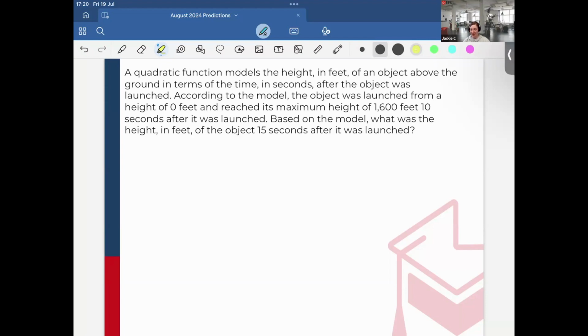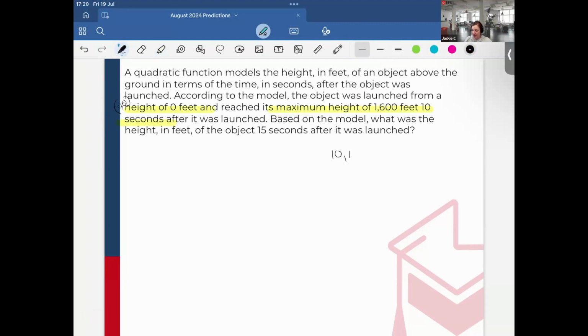Okay, let's revise. You see it's pretty much similar to the previous problem we just did. First, vertex form. I know the object was launched from a height of 0 feet, so again we're at 0, 0. Its maximum height was 1600 feet, 10 seconds after it was launched.